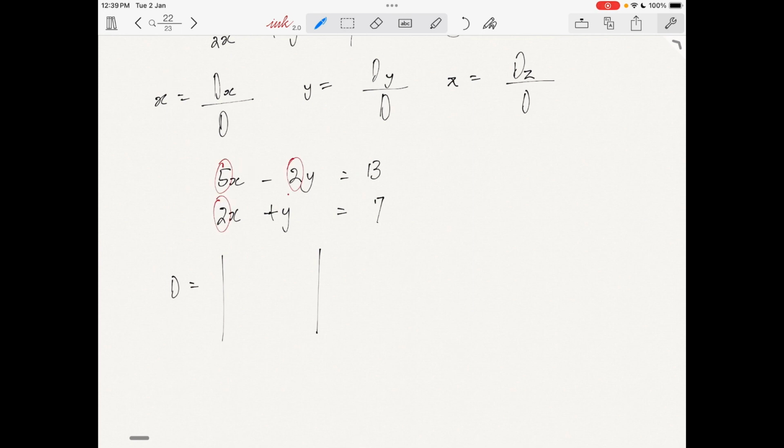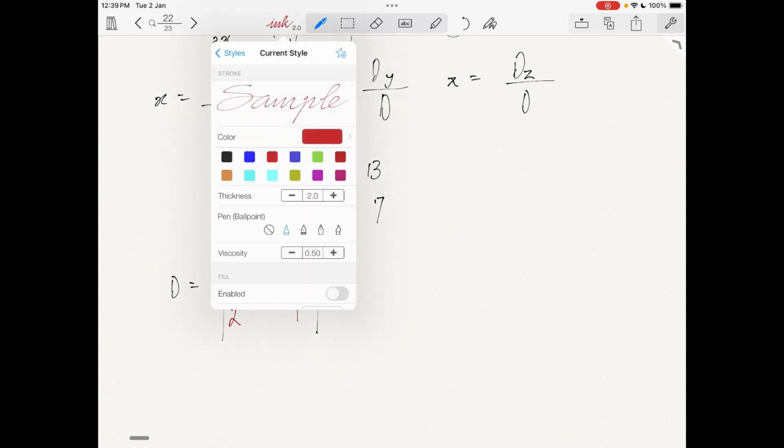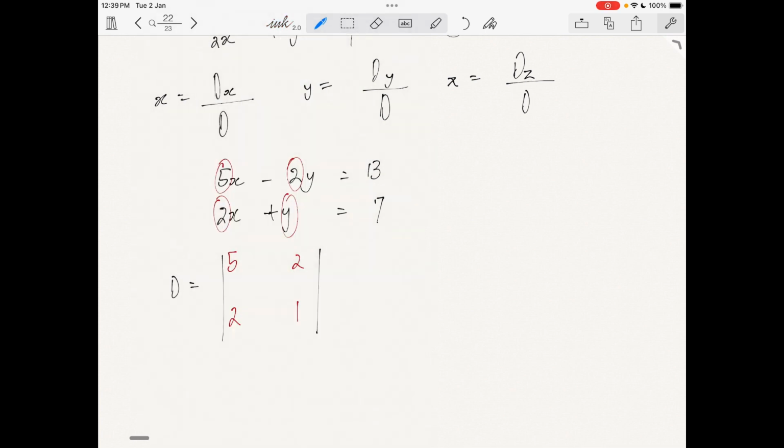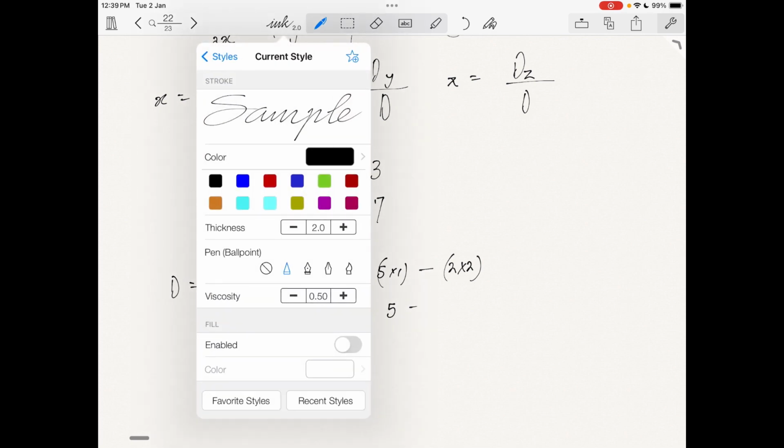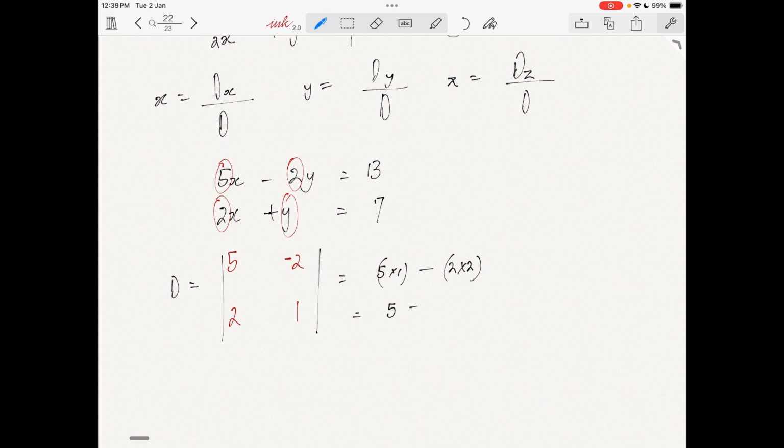That's 5, 2, 2, 1, and that will give us 5 times 1 minus 2 times 2. Sorry, this is minus 2 here. That's 5 plus 4, and that will give us 9.